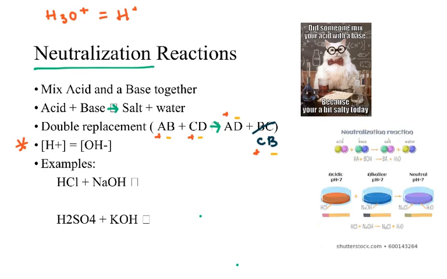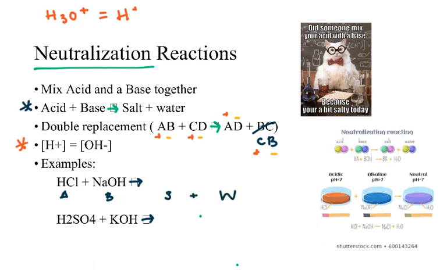We're able to predict the products of these neutralization reactions because we know that it's double replacement. So we have hydrochloric acid, HCl, being neutralized with sodium hydroxide. If we look at our little formula, acid plus base is going to give us a salt and water.